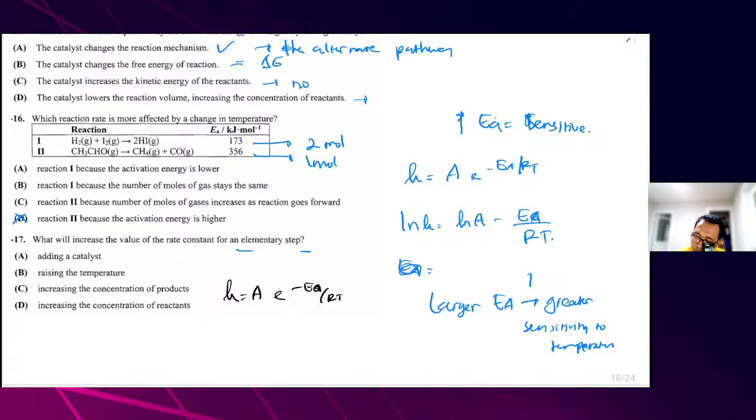If the rate is constant, okay, we want to pause this one first.